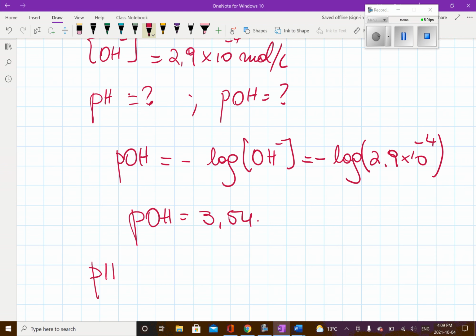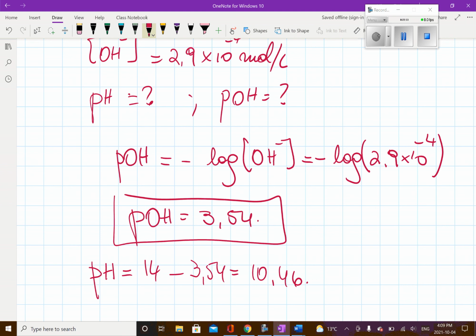In order to calculate pH, we go 14 minus 3.54, which is 10.46.